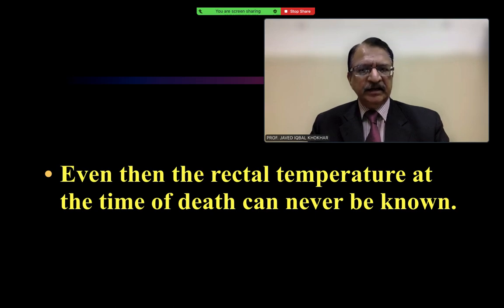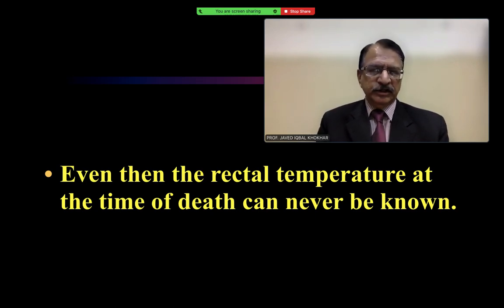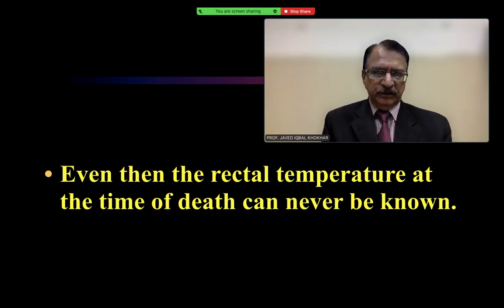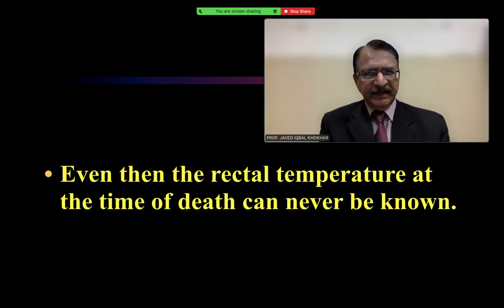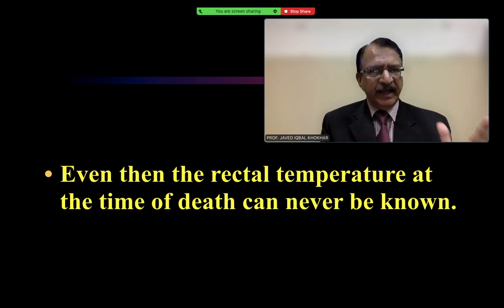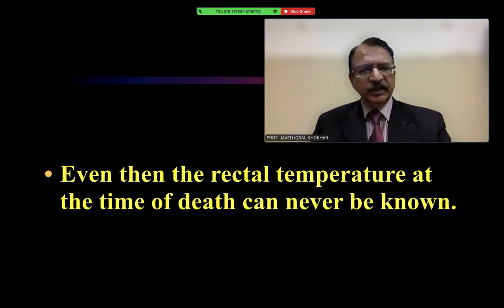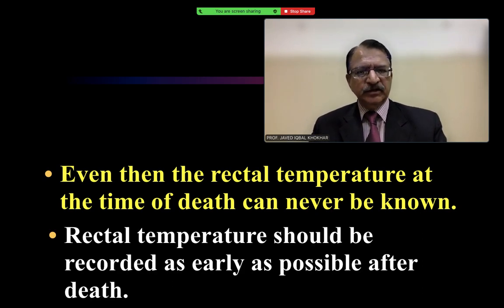Even then, the rectal temperature at the time of death can never be known, because to know the exact rate of fall, we should find out what the temperature of the rectum was at the time of death. Then, when you record it later on, you can estimate. So, the rectal temperature should be recorded immediately when you receive the body, as early as possible.